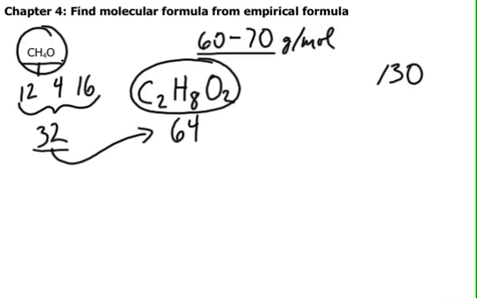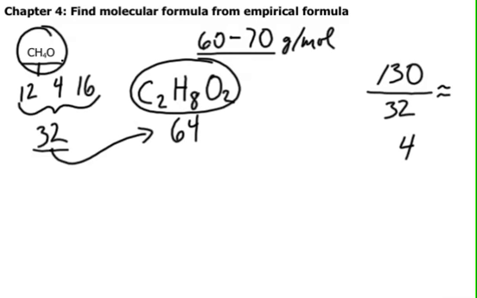The other way that you can do this is you can take the molar mass and divide it by the molar mass of the empirical formula. So 130 divided by 32 gives you about 4.